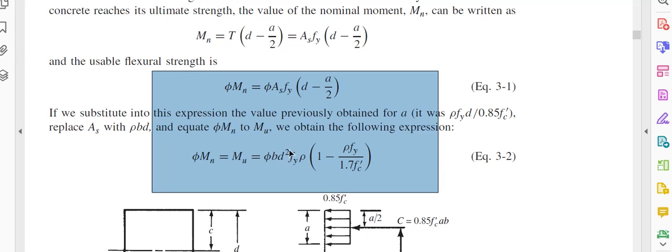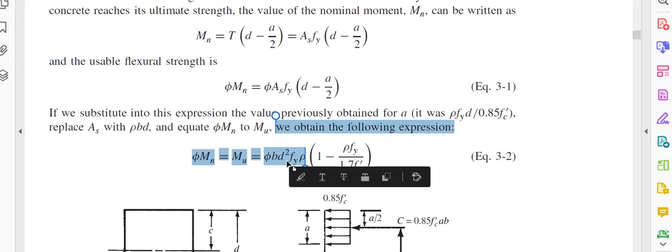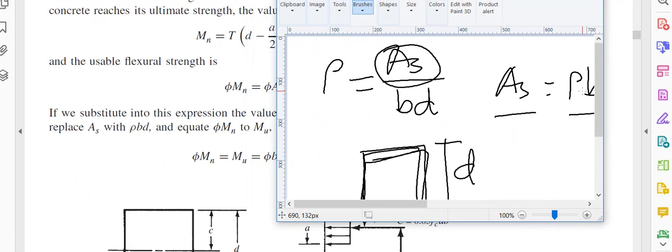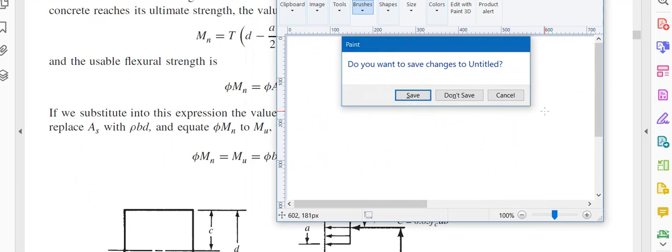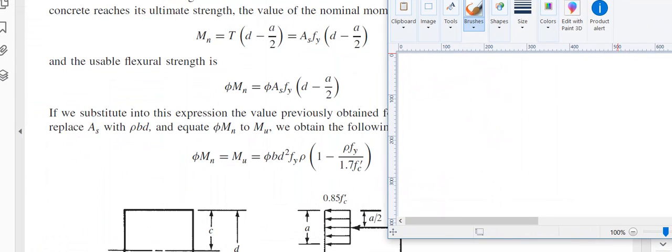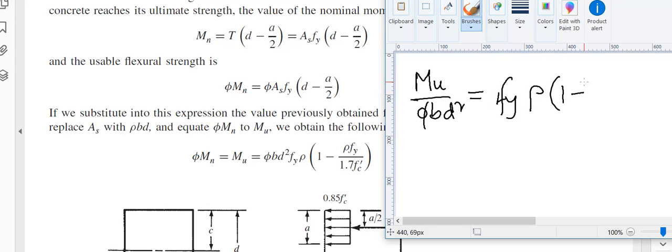I mean that only this portion. If I write this equation in a defined way, where I will place it, say maybe here, I can write it this way: Mu over phi BD square equals Fy rho times 1 minus rho Fy over 1.7 f prime c.